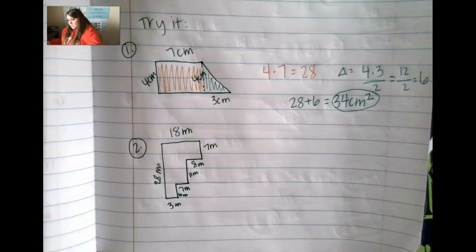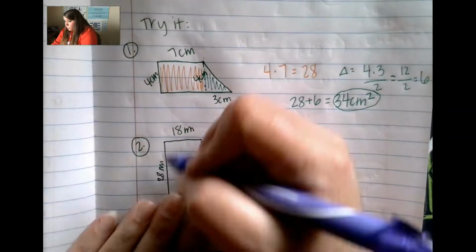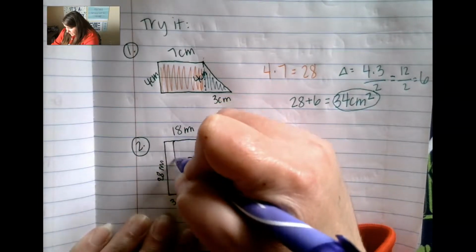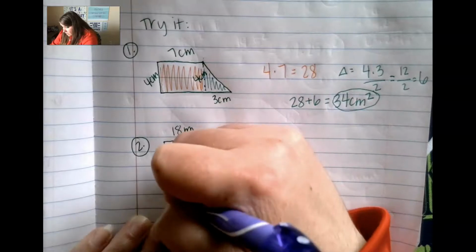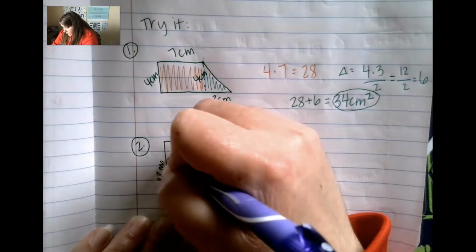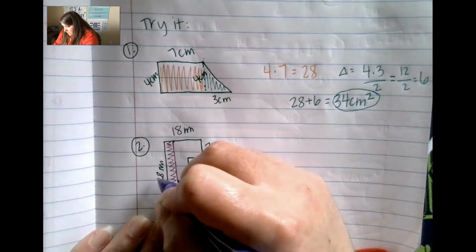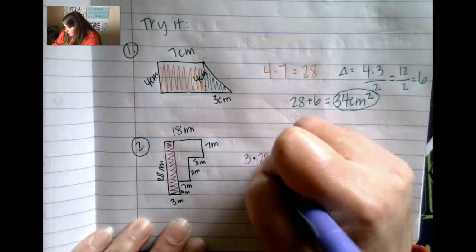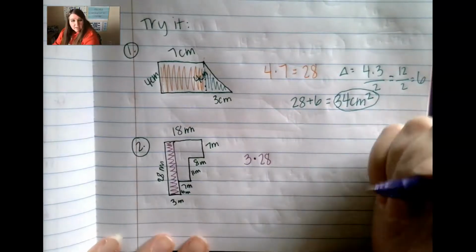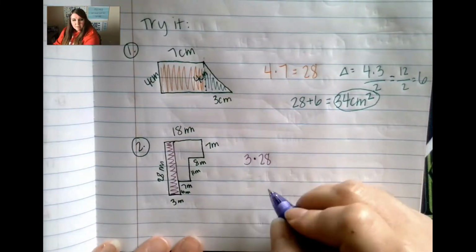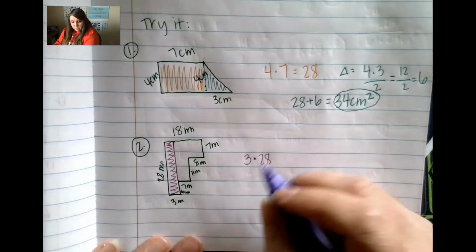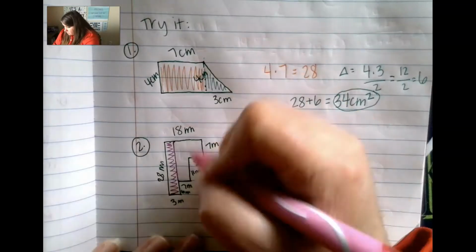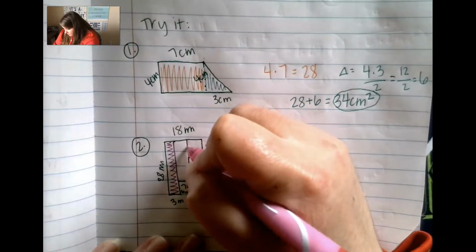Okay, so let's look at the information that we know. We can actually cut this into a couple different pieces here. We can cut this here, and we can solve this rectangle by using 3 meters by 28. So our first one is 3 by 28. Another way we could cut this is right here.